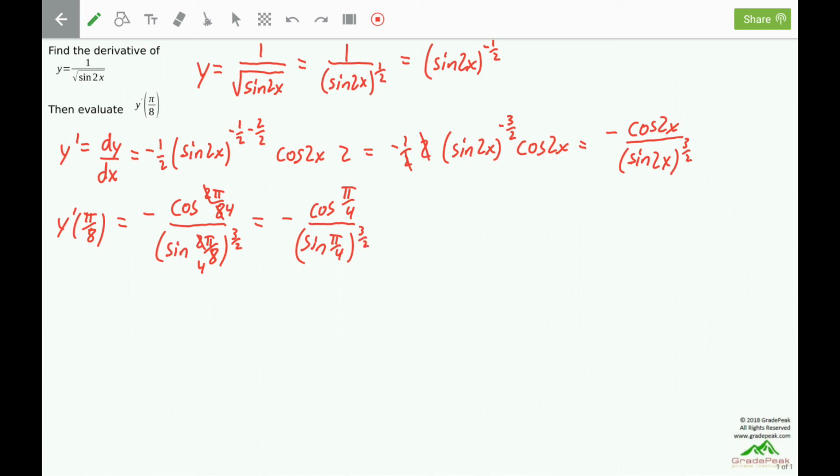The cosine of pi over 4 is root 2 over 2. The sine of pi over 4 is the same thing, root 2 over 2. But it will be quantity raised to the 3/2 power. Now the 3/2 power means the cube power and the square root, and you can write it in either order.